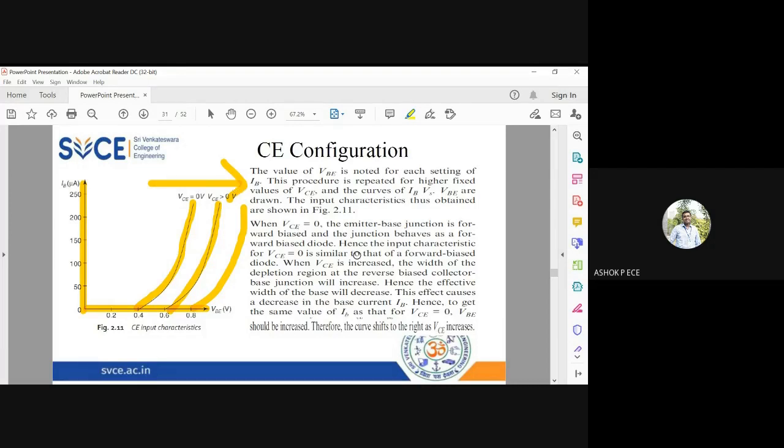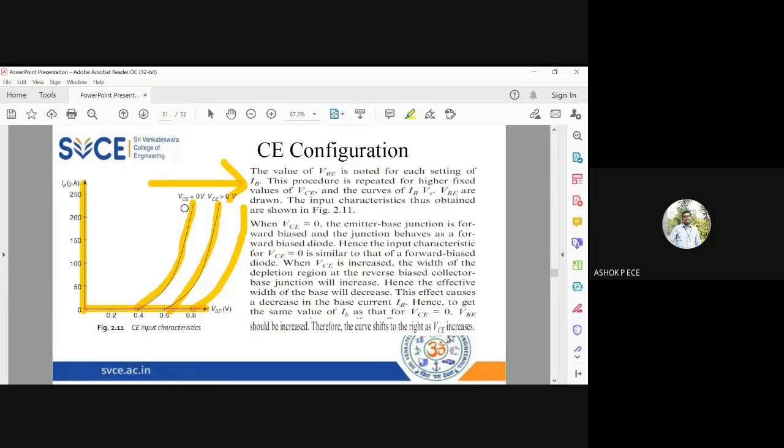Is that clear? So whenever you increase this VCE, the collector junction is reverse biased, right? So when the collector junction is reverse biased, the depletion layer width will increase. So as the depletion layer width increases, it is going to enable the charge carriers to cross the collector junction easily, because you already have an input voltage applied to the circuit, right?